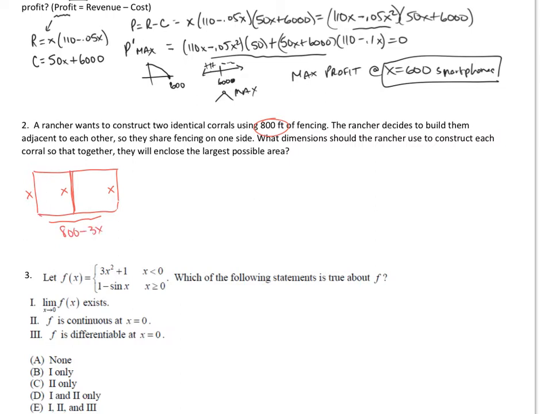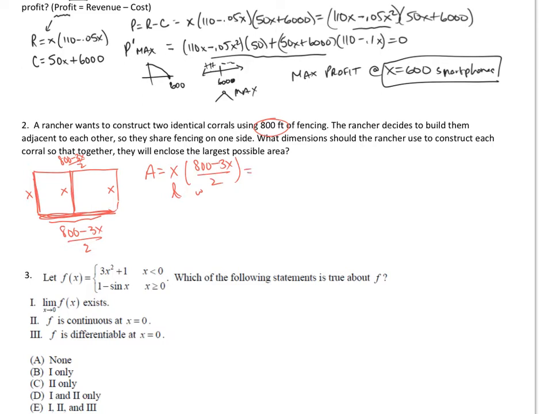I've got this side right here and the top side, so I need to divide it by 2. So each of these are 800 minus 3x over 2. So the area would be x right here times this whole side, 800 minus 3x over 2. So that's our length. This is our width.